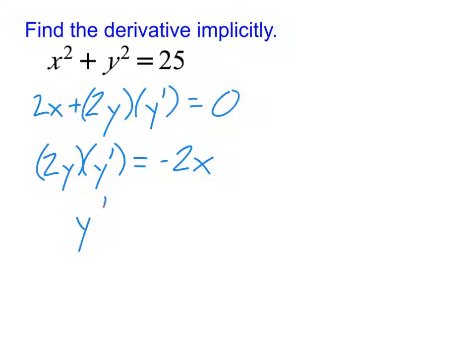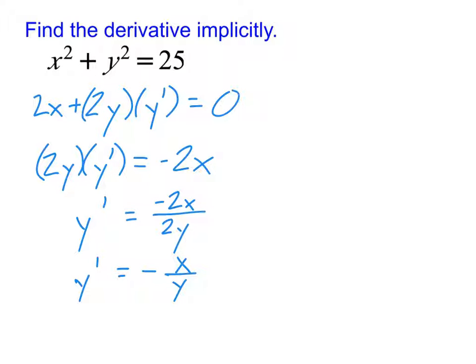So that gives me y prime equals. Now before I reduce, that's negative 2x over 2y, but yes, I do want to reduce that. And so if I reduce that, a negative over a positive is a negative, and then the 2's cancel, leaving me with x over y. So y prime here equals a negative x over y. And that's our final answer.